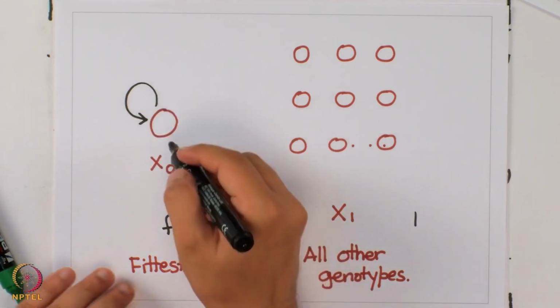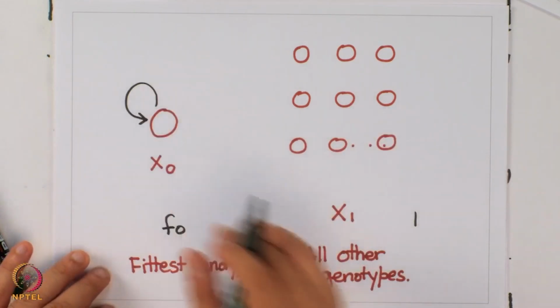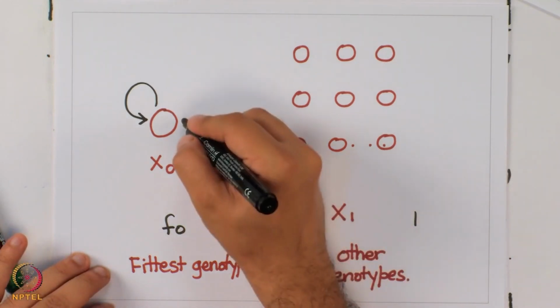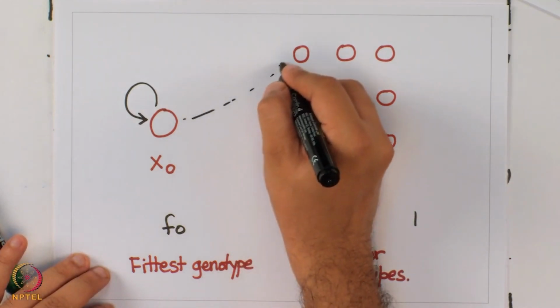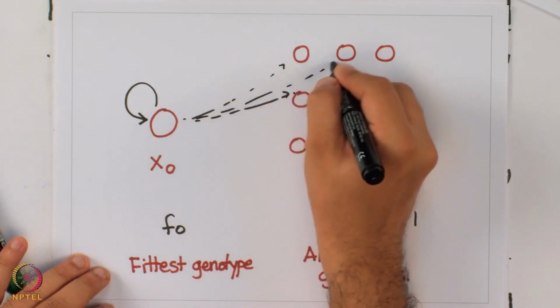Very often this is going to divide faster than everybody else, and it is going to lead to its own progeny being identical to the parent genotype, but also there are going to be mutational events, and it is going to lead to progeny of different genotypes as well.